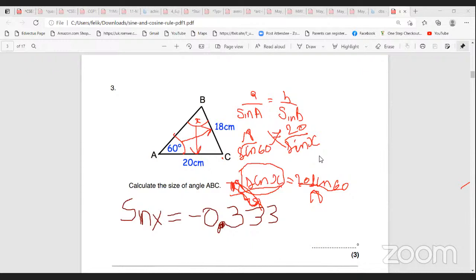Miss, whenever I cancel the 18 and the 18 and then link back with sin x, miss, whenever I do it that way. Okay, so what did you do? The way I did, miss, I got 60 sin and 20 degrees, and then I divided it by sin 18 degrees. Oh, it has to be 20 sine 60.